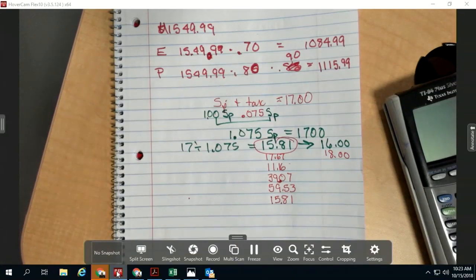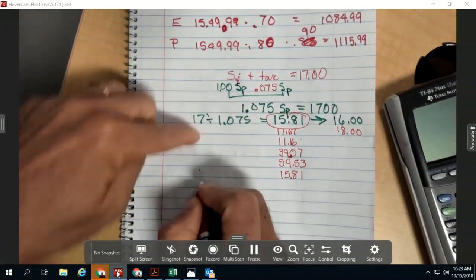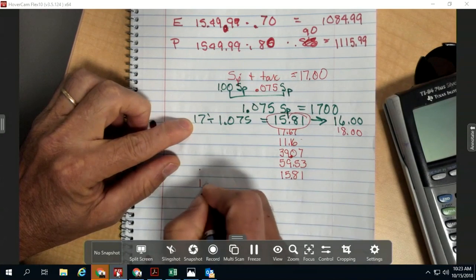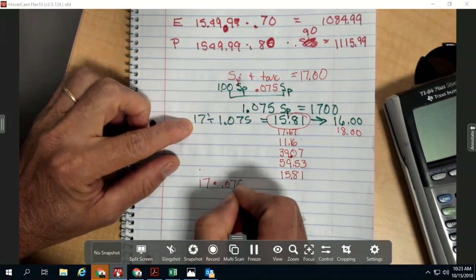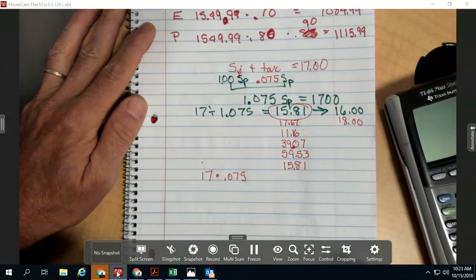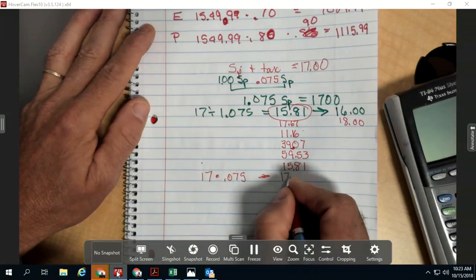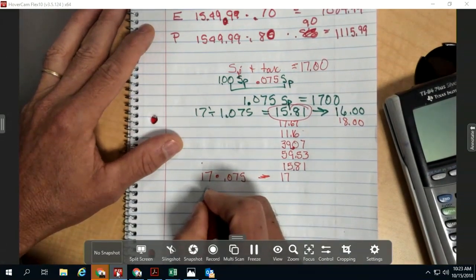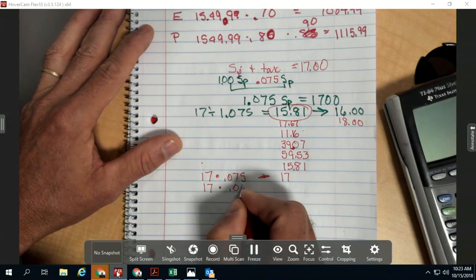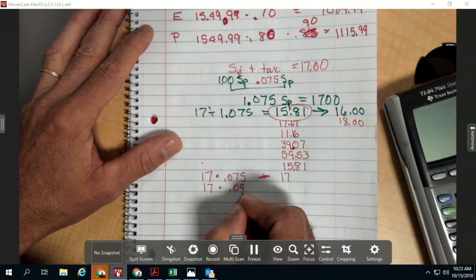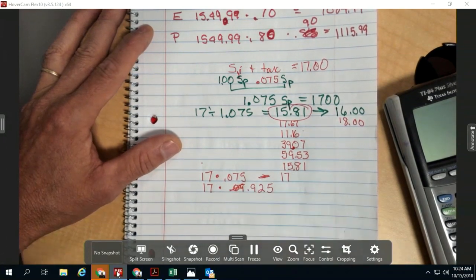Ways to get this problem wrong. On the final test, people invariably do this. Let's just do the first one over again. They take 17 times 0.075, and then they subtract that from 17. Or in other words, they take 17 times 0.925.